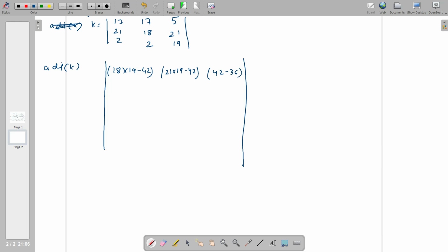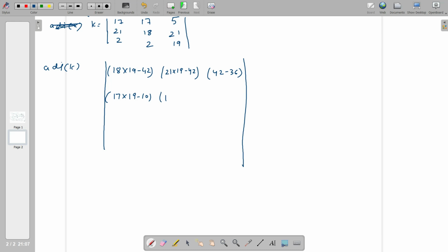Then let's come to this number 21. We will leave the second row and first column, and it will be 17 into 19 minus 5 into 2, which is 10. Then for 18, second column, second row.